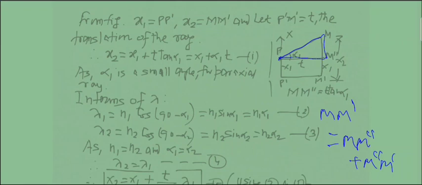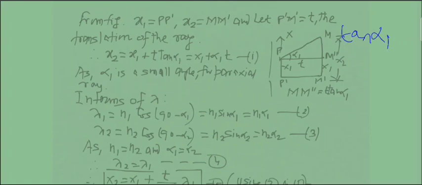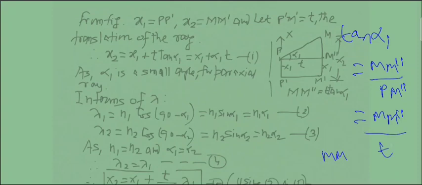You know the definition of tan alpha. Tan alpha 1 will be equal to M double dash M dash divided by P M double dash. Now you know this very well, that P M double dash is equal to small t. So your M double dash M dash is equal to t tan alpha 1. Okay, this is the value.